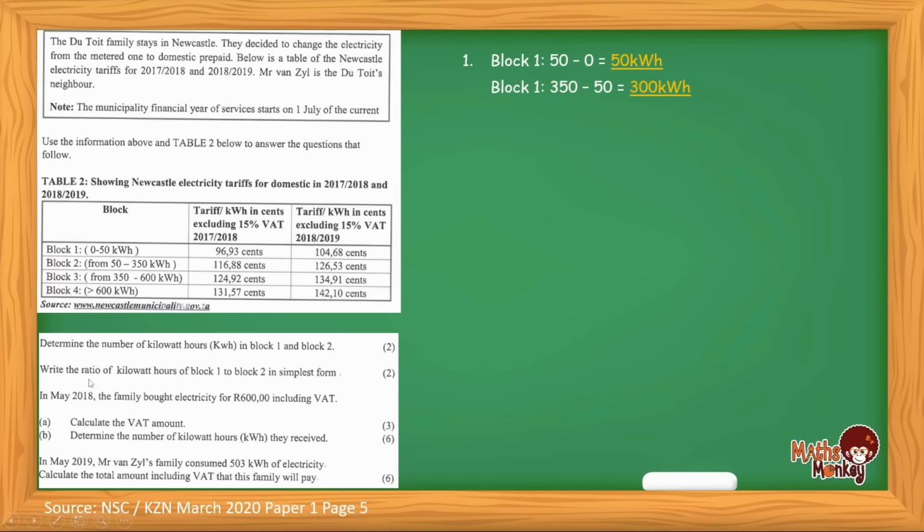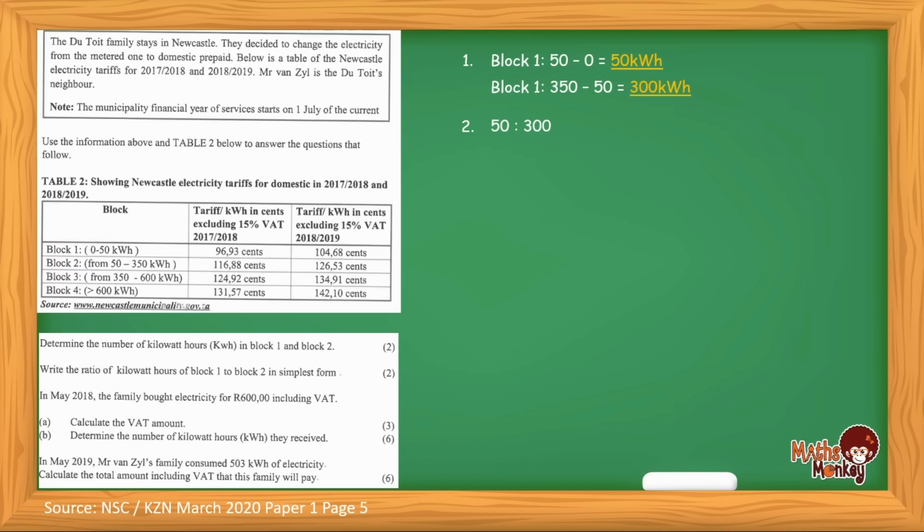Okay, now the second question says, write the ratio of kilowatt hours of block 1 to block 2 in simplest form. So this question is asking for a ratio, which means your answer must be in a ratio. And the ratio questions always tell you that you have to give the answers in a specific order. So block 1 to block 2 means you have to put block 1's value first, and then you put block 2's value second. Right, so now we have the ratio 50:300.